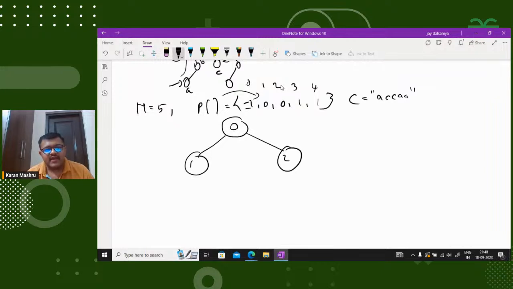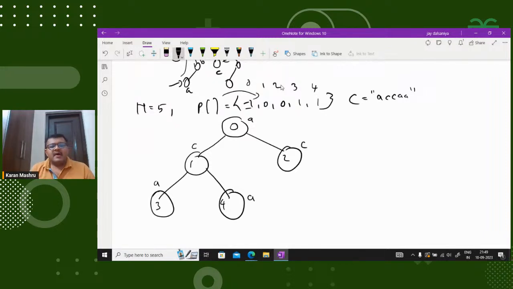For index 3 we have 1, it means that 1 is the parent for 3. For the fourth index also we have 1, so 1 is also the parent of 4. Okay. And C is ACCAA. So at index 0 I have A, at the first index I have C, at the second index I have C, at node number 3 I have A, and at node number 4 I have A.